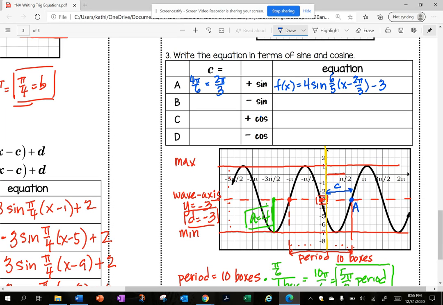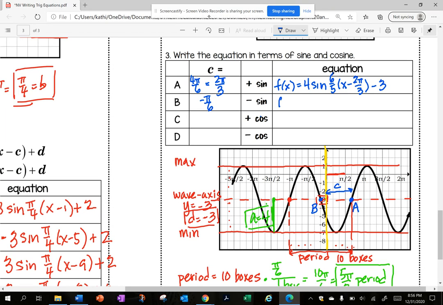Okay, so my minus sign, so I'm going to be on the wave axis, and then the closest one that goes to a minimum first is this point. So I'm going to call this point B. So my C value is 1 box, but I'm to the left, so this is going to be minus pi over 6.